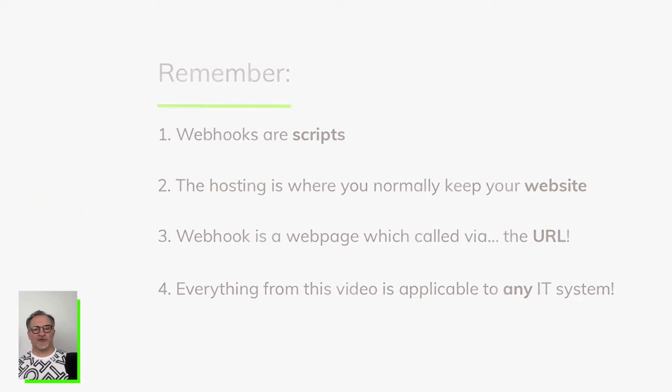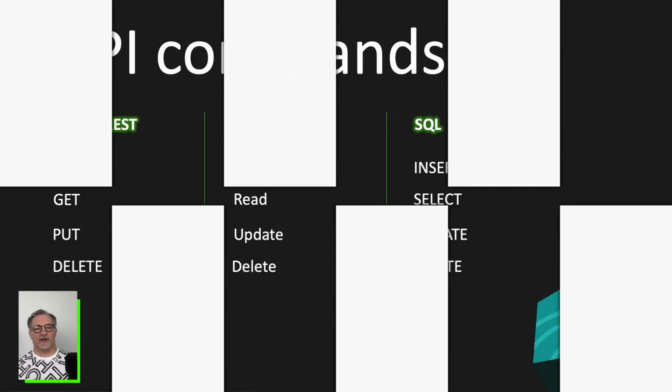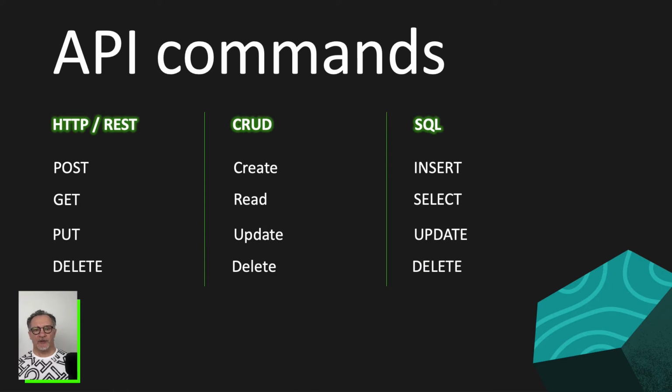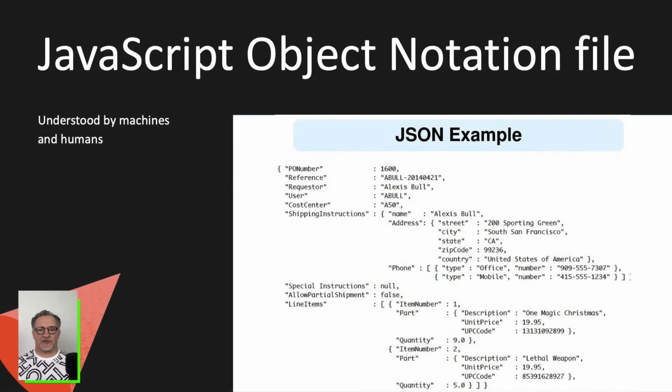So once you decided to enter the API era, chances are you'll meet these acronyms: HTTP, REST, CRUD, POST, create, insert, get, select, put, etc. However, the most important thing to know now is JavaScript object notation file, JSON.